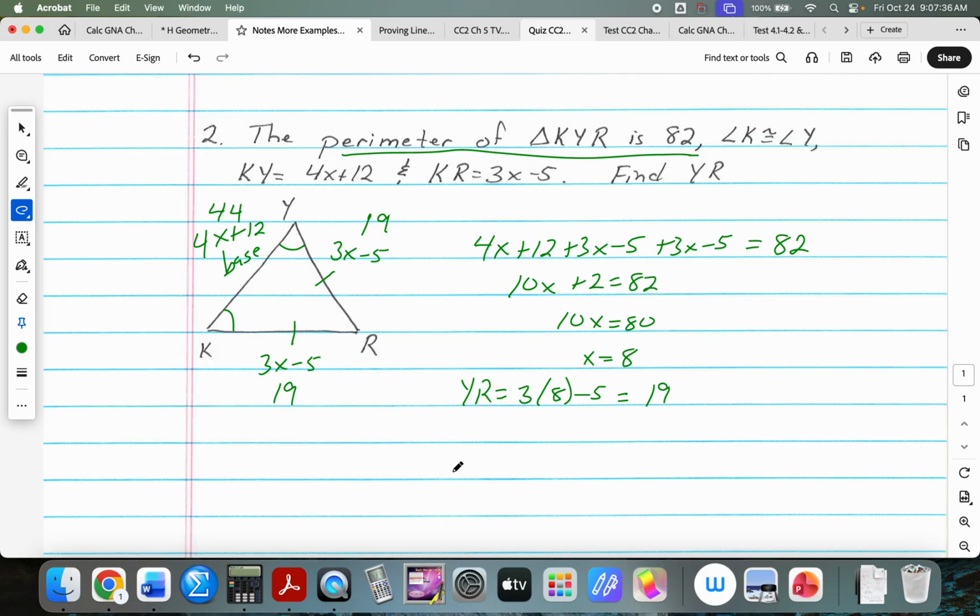Yeah, this is an impossible triangle. If this is 44 and these are both 19, it doesn't make a triangle because the two short sides have got to add together to be more than the long side.